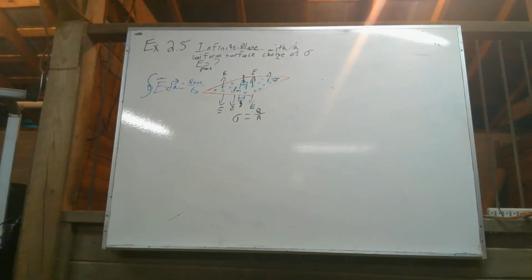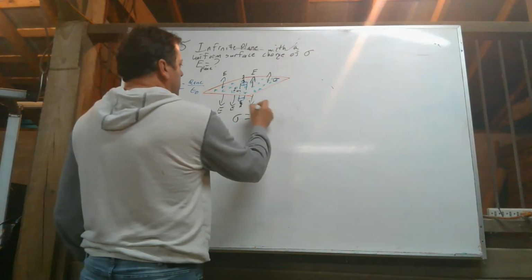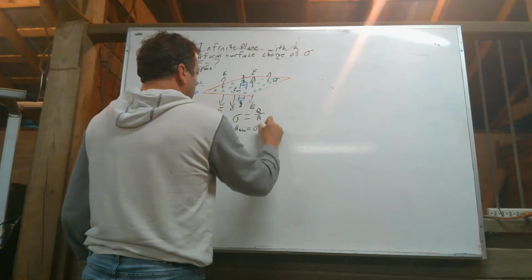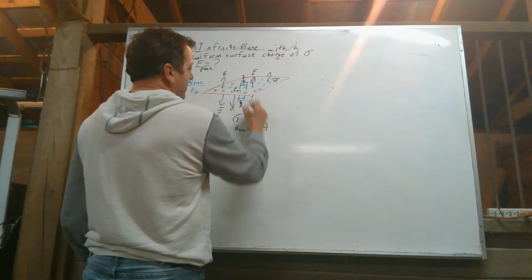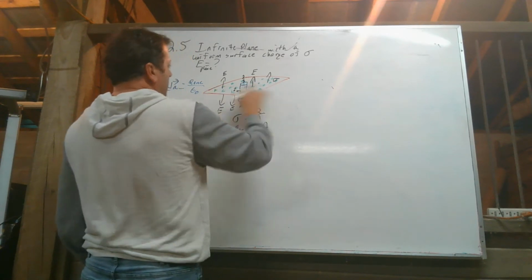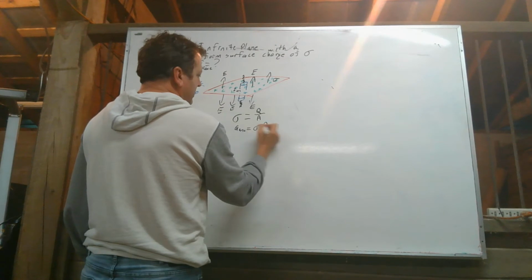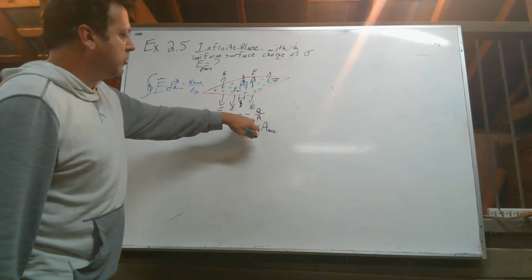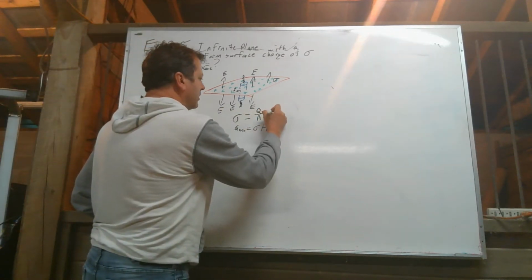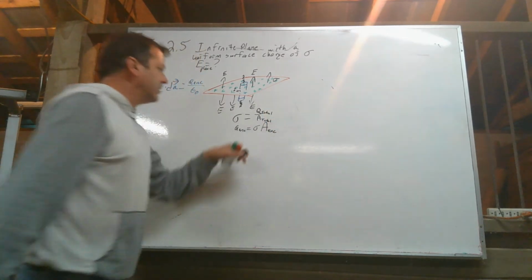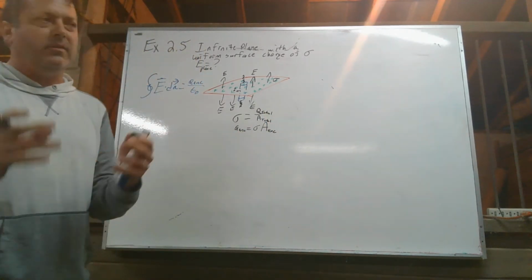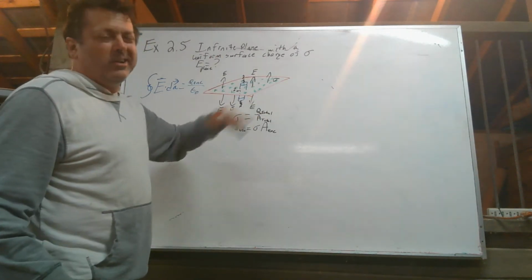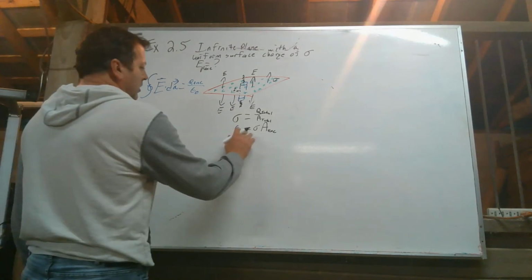So the Q enclosed will just be sigma times the area enclosed, because this is the ratio, the total charge over total area. If that's the total, it also works for whatever size of area we're looking at, as long as we have the ratio and keep the total areas the same on both. So that gives us Q enclosed.